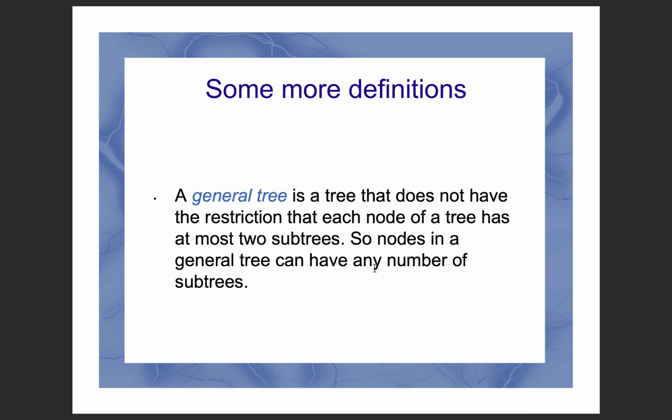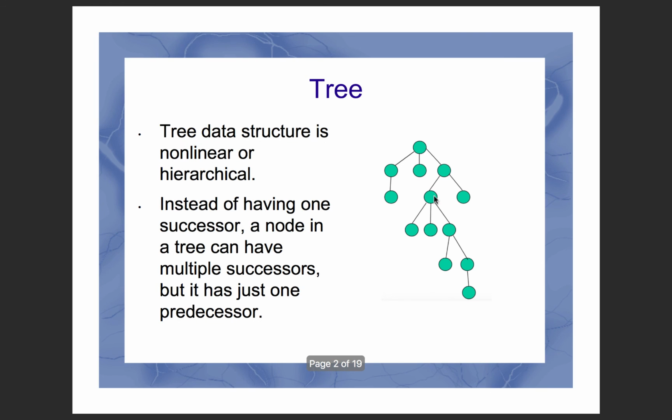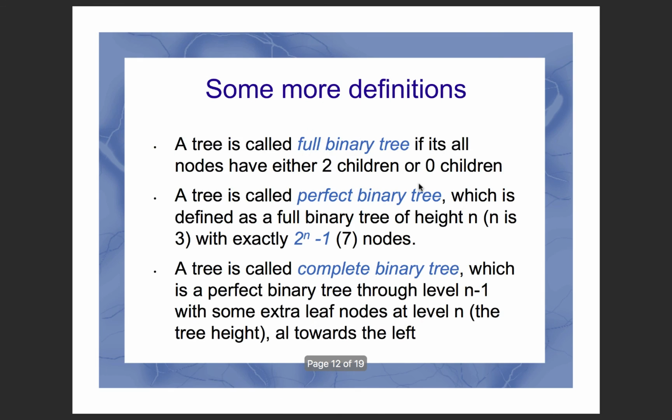A node might have several children, more than two children, and then you can call it a general tree. So in our first example, you can call that tree a general tree. It's not a binary tree.